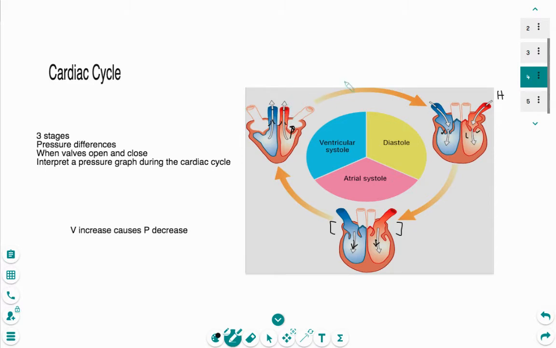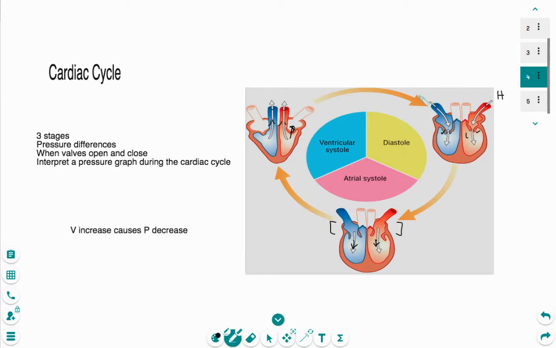And then we go back to diastole, where the heart relaxes, all the muscle walls relax, the chambers get bigger, the volume increases, so the pressure decreases. The pressure is now lower in the heart compared to the blood pressure in the blood vessels around it.